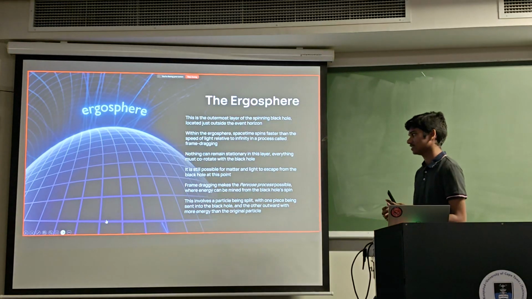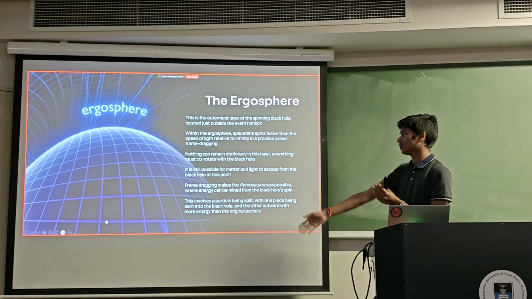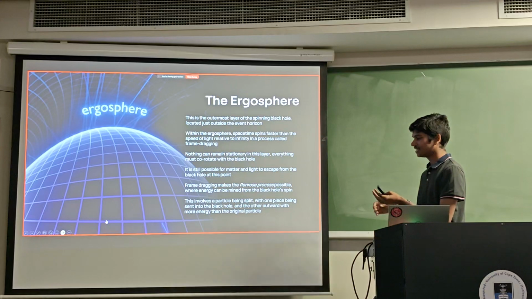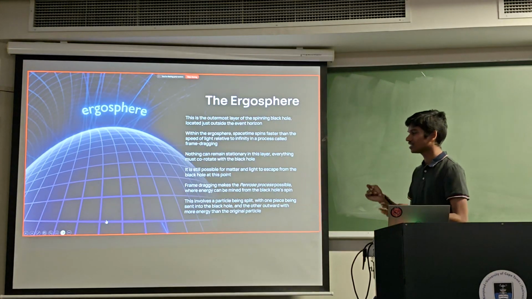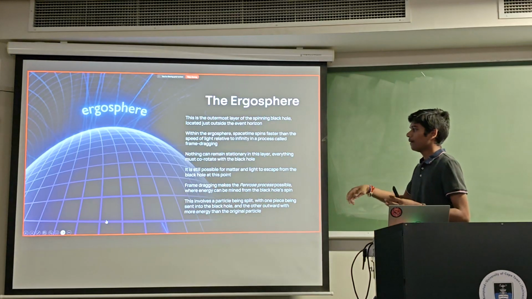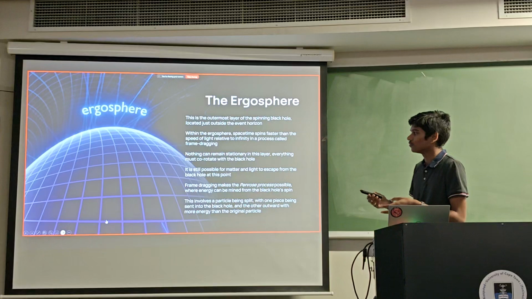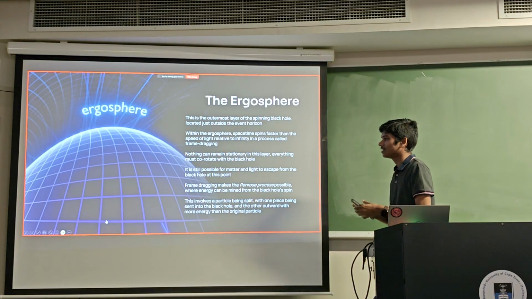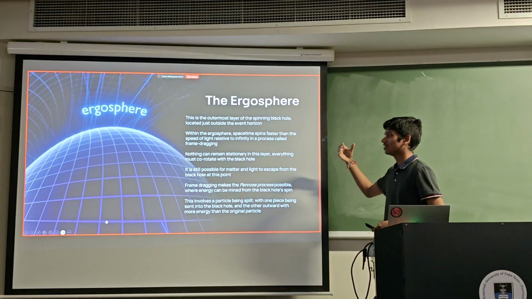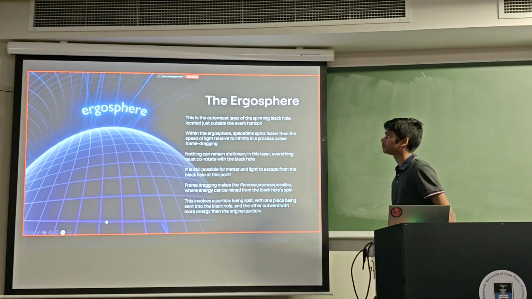What it effectively does is it splits a particle, and it lets one of the particles go into the black hole, so inside the outer horizon and inside the inner horizon towards the singularity, and as a result, the second part of the particle will be ejected from the ergosphere, and it will have more energy than the original particle. So what we've done is we've sort of mined some of the rotational energy of the black hole and transferred it to this particle that we split so that it could escape the ergosphere.